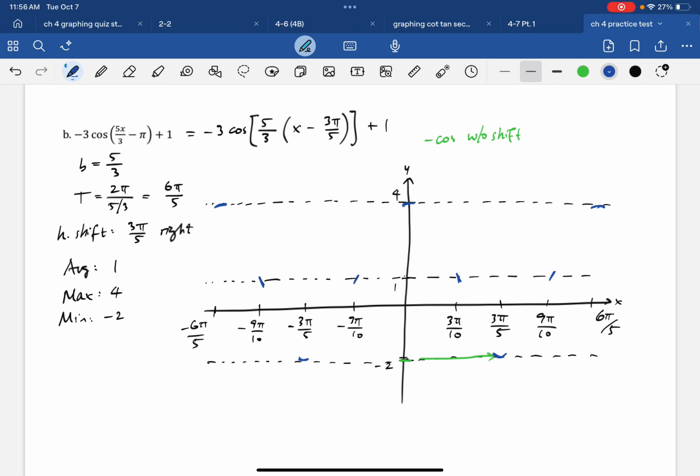And then my final step is simply connecting all of these dots. That completes my graph.